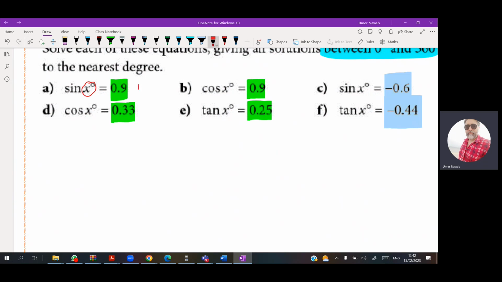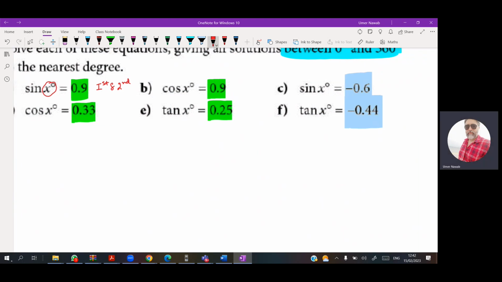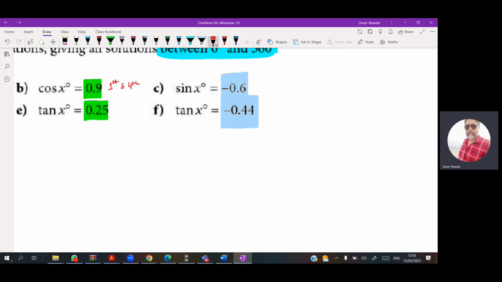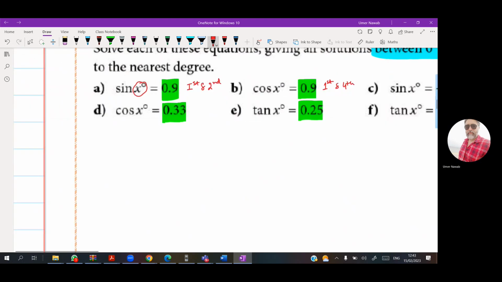Sine is positive in the first and second quadrants. Sine is negative in the third and fourth quadrants.